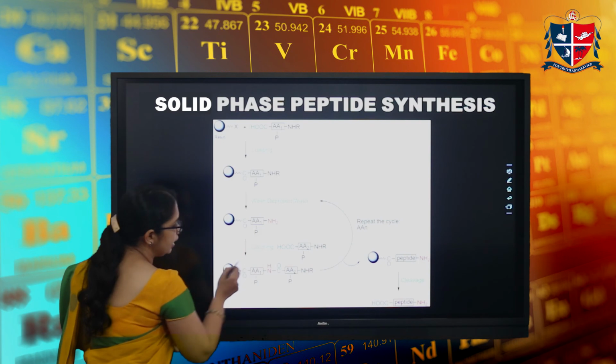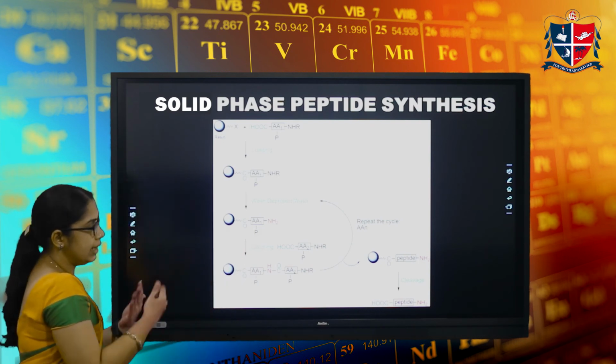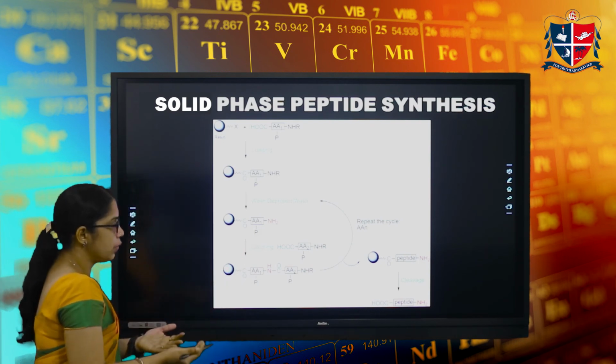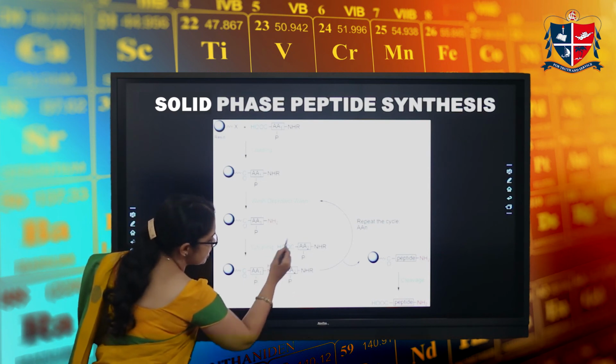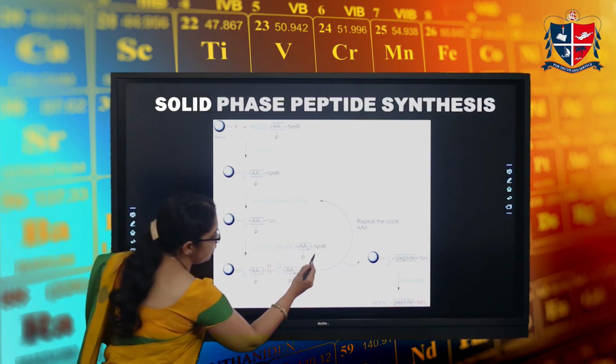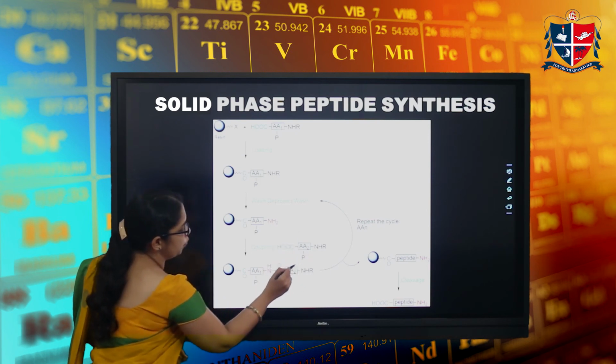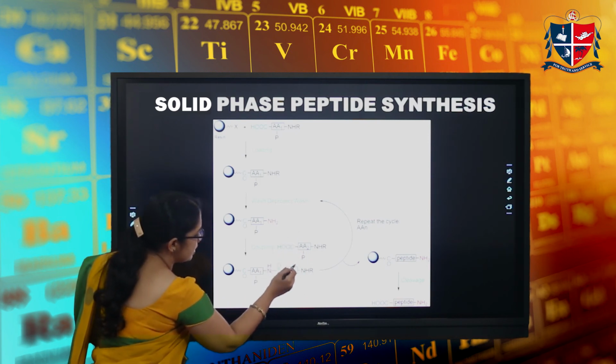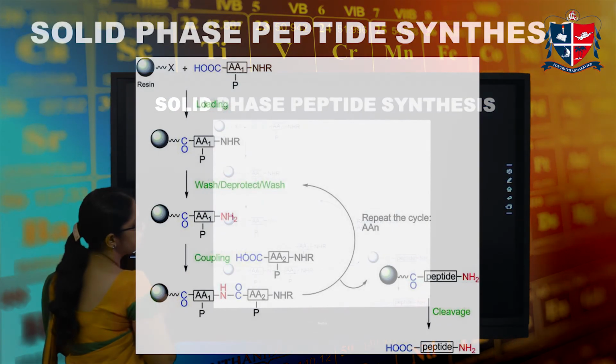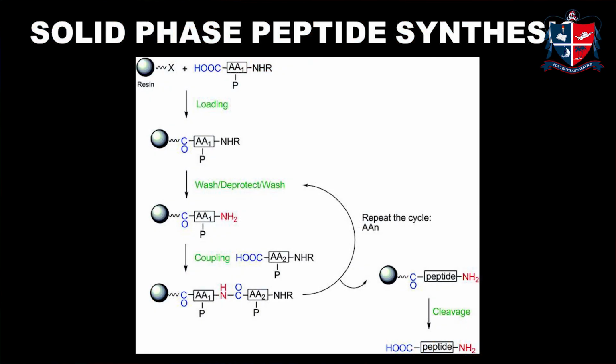Then you can couple the second amino acid. Here you can see the second amino acid, whose NH2 group is also protected. This protected amino acid is coupled to the first amino acid. As in the earlier cases, there is elimination of water and formation of a peptide bond.